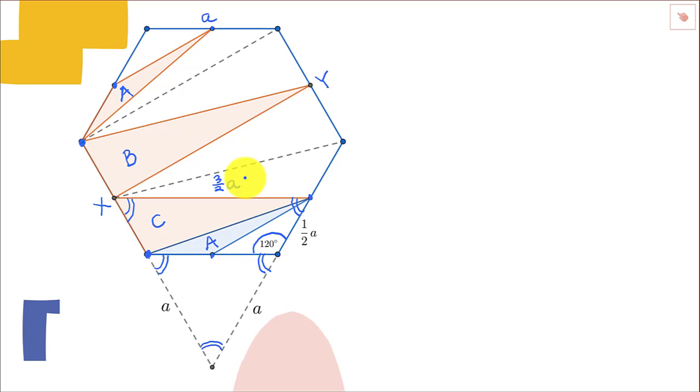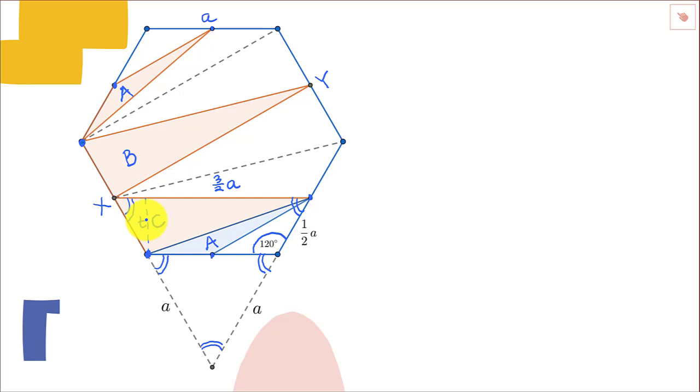Now notice what is the comparison between the area of C and the area of A. We can consider triangle C as a triangle of base 3/2 of A, and the height is T, for example.